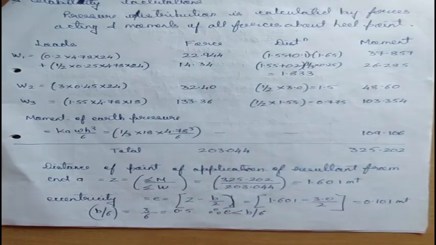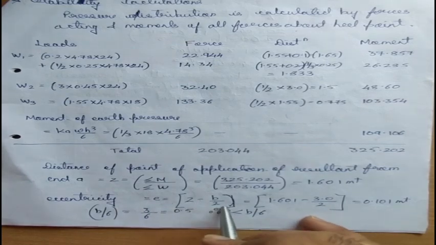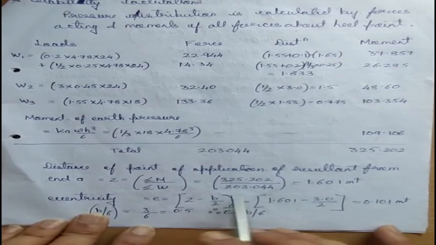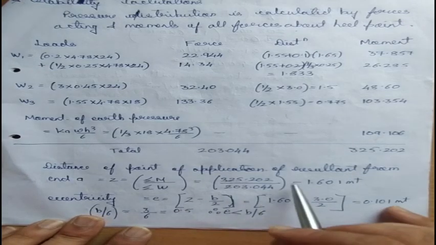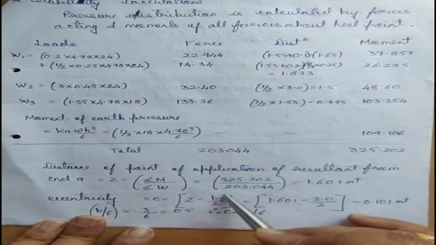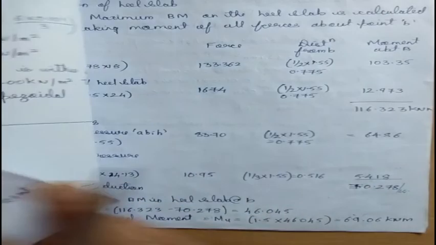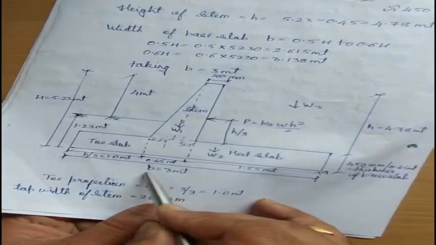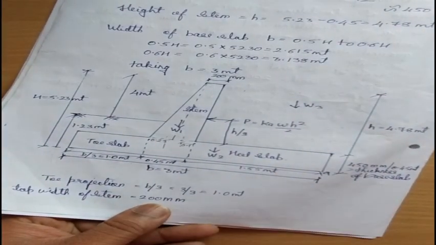So this is working out to be 1.601 meters. So we got the resultant distance. So eccentricity E is equal to Z minus B by 2, where Z is nothing but the 1.601 which we have found out, and B by 2, where B is the width of the base slab. So the width of the base slab is working out to be 3 meters.